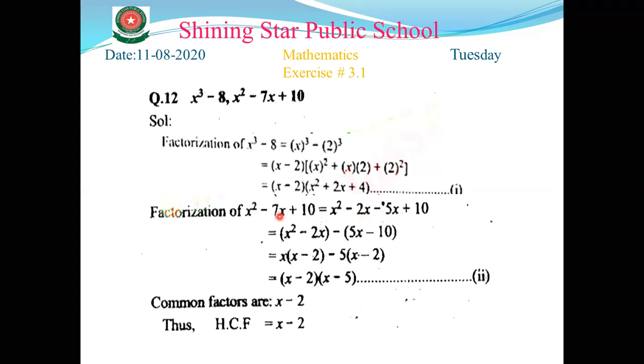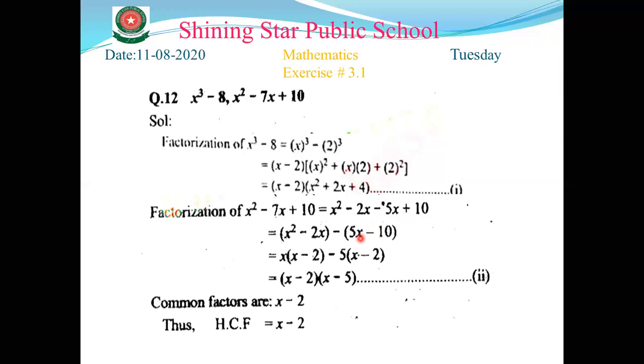Okay. So x square minus 7x plus 10. Now take the common x from x square minus 2x, and it becomes x minus 2. And when we combine these two terms and take the common minus, it becomes 5x minus 10, because when we take the common minus from these two terms, this plus changes into minus and this minus changes into plus.